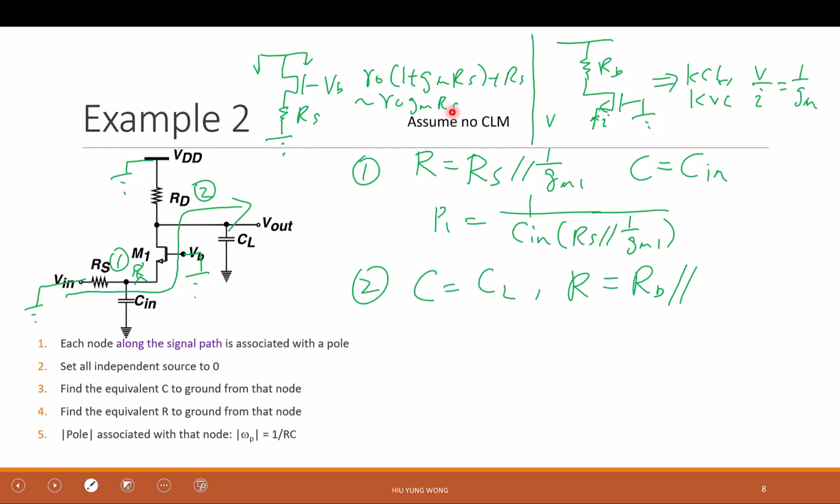Okay, that's a good review. But because there's no channel length modulation, this R is going to be infinity. So P2 is 1 over CL RD. Any questions? Very good. The only thing I require you to do is keep challenging yourself when you come up with a solution, particularly an easy solution.